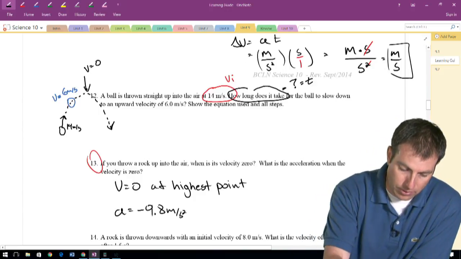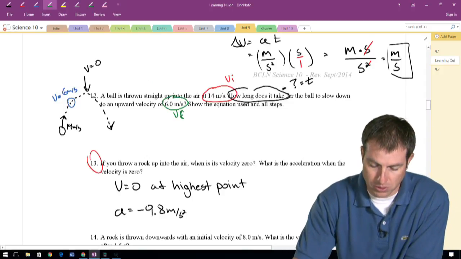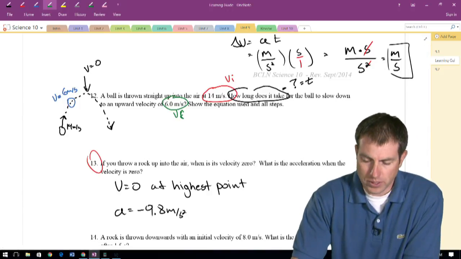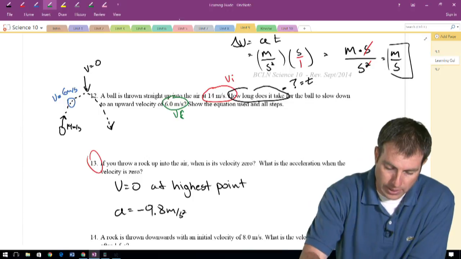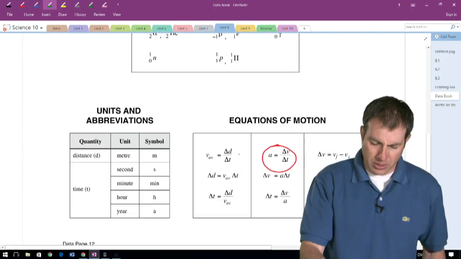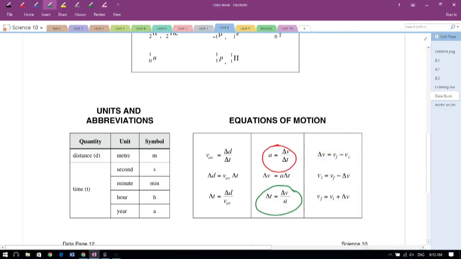And then we have a final velocity of 6 meters per second. Because we're trying to find time, we should pick the equation that has time isolated already, and that is down here. Time is our change in velocity divided by our acceleration.